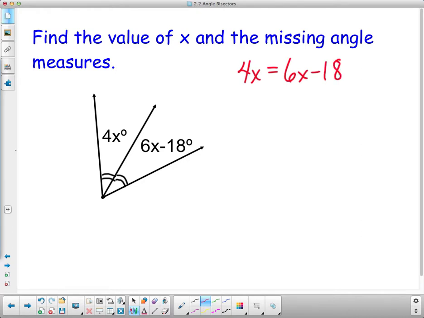That's why I'm having you do that review algebra worksheet so that you remember how to do some solving. Where's the 18 where it was? Maybe let's get the 6x to it.